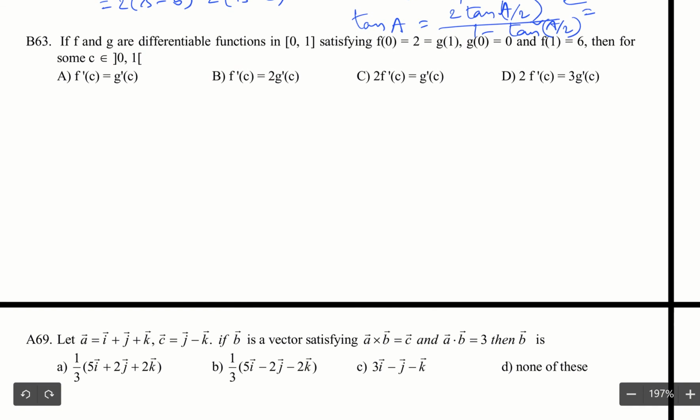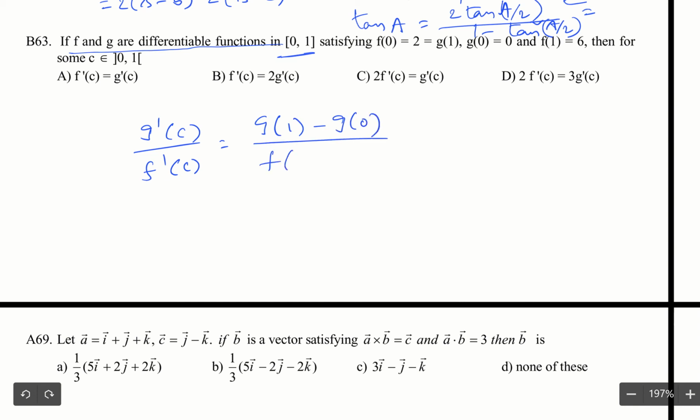For 63, it's a direct one from Cauchy mean value theorem, because as both f and g are differentiable functions, therefore I can find a c in this interval such that g dash of c by f dash of c is equal to (g of 1 minus g of 0) by (f of 1 minus f of 0).